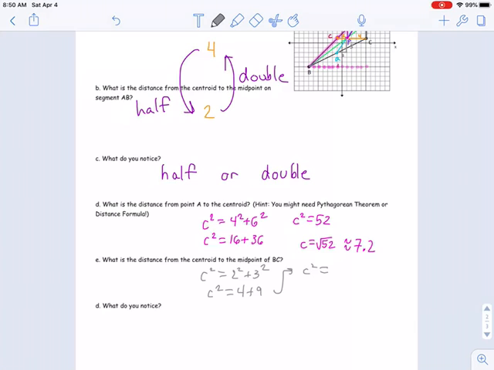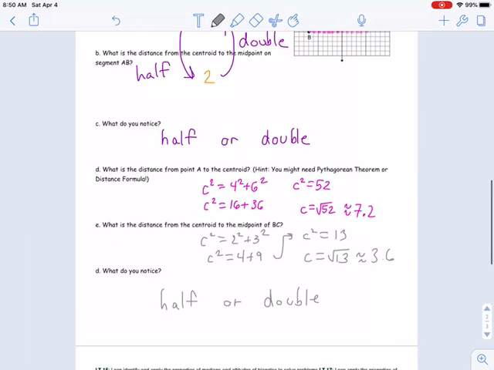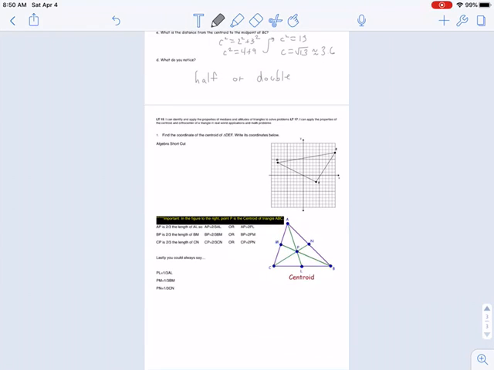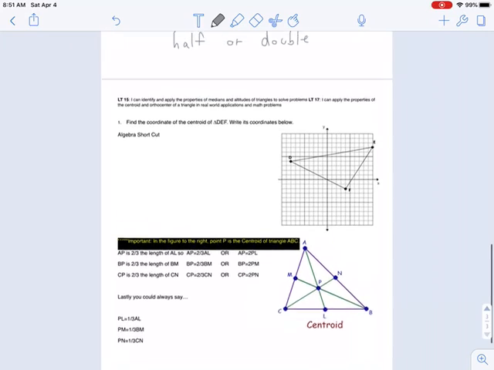You might think they're going at perfect speed, who really knows? So c equals the square root of 13, which is about 3.6. Again, we saw that half and double, it just depends on how you look at it. Nice. We'll do the other ones in another video.